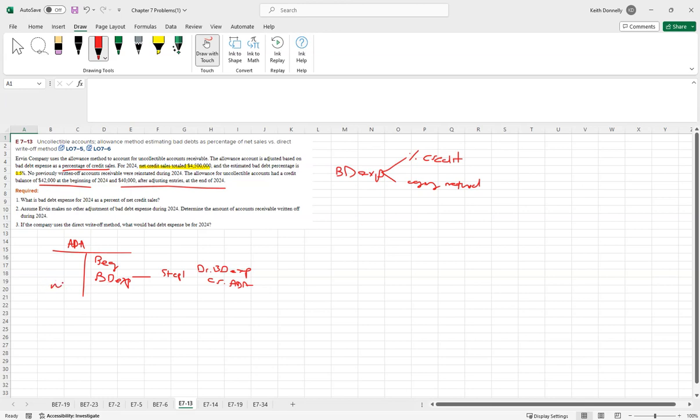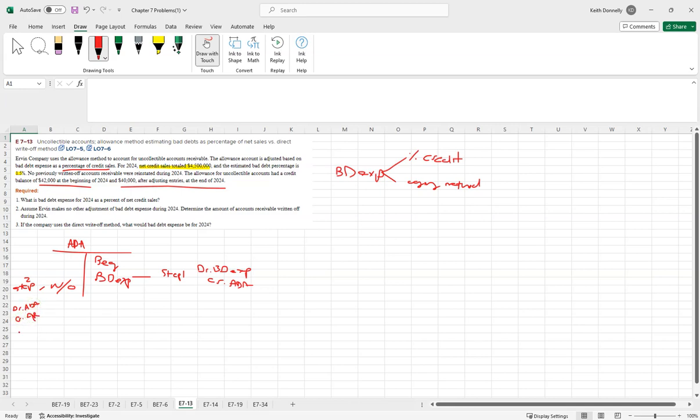Then you have any write-offs over here on the left. That's step two. Normally that's for prior year sales, if you're not doing it in the current year, but this is going to be debit allowance for doubtful accounts, credit accounts receivable.